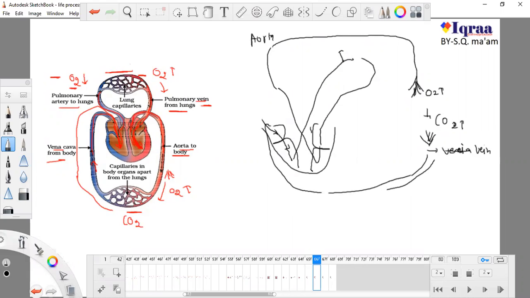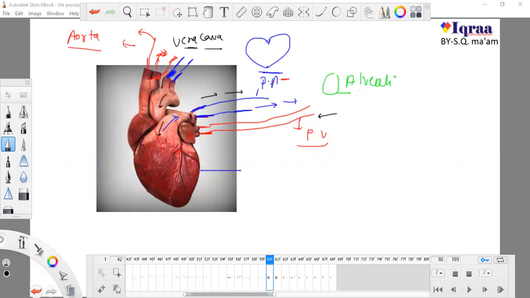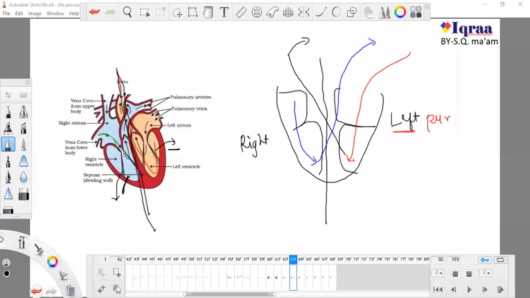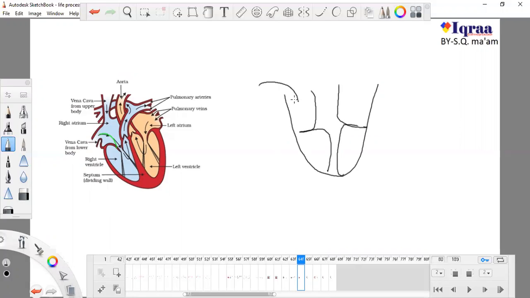Okay, so in this case we can see two cases. In these two cases you can see that blood is coming two times into our heart. Okay, blood is coming into the heart. At first time it is coming in this form, which is the impure form.